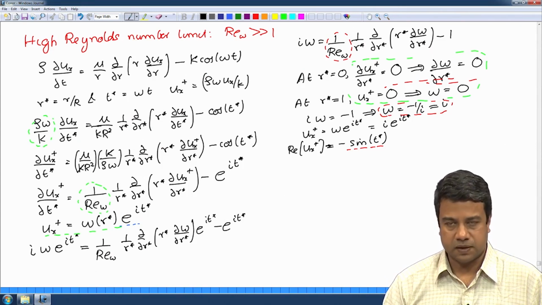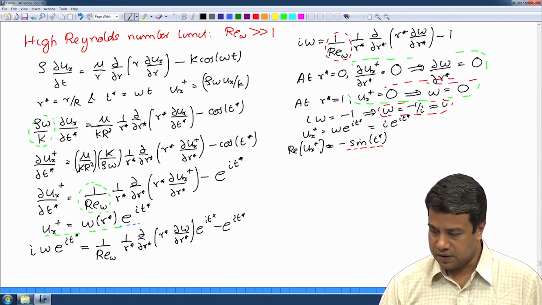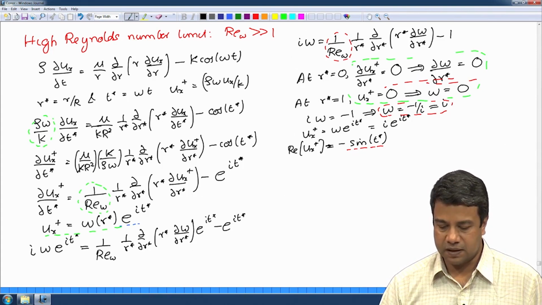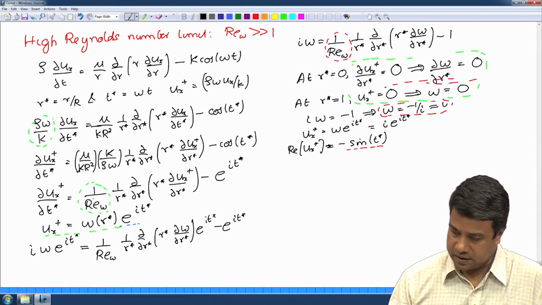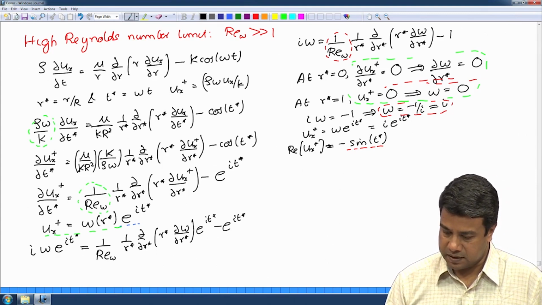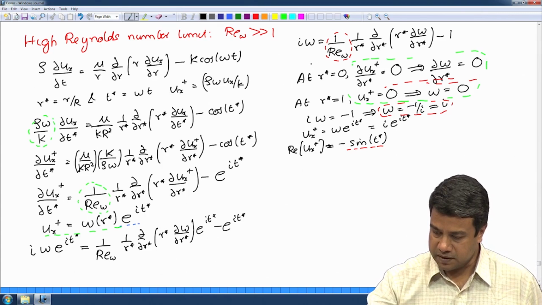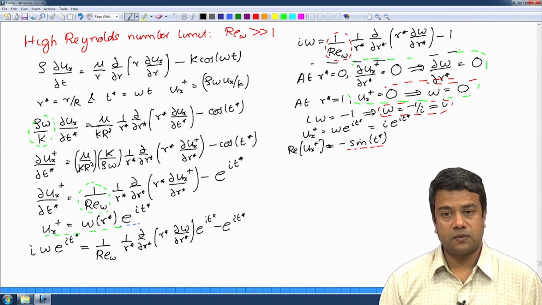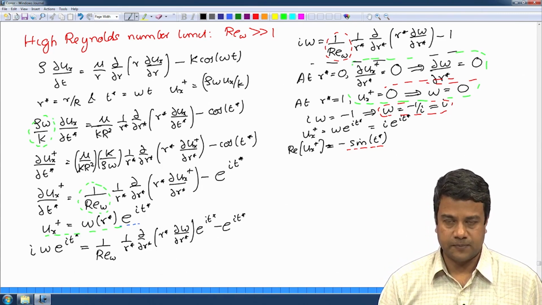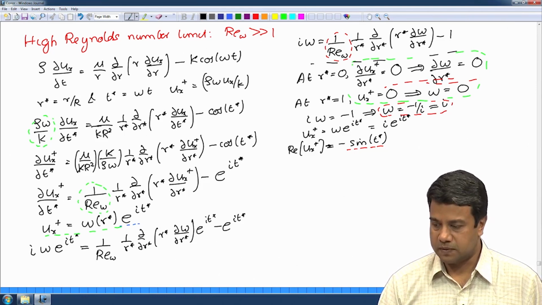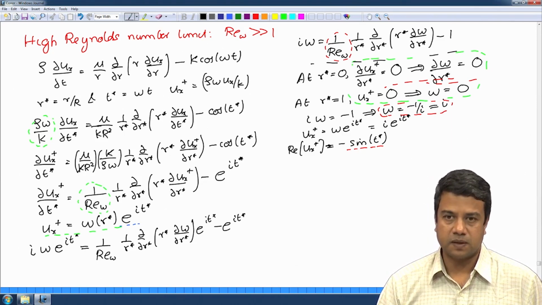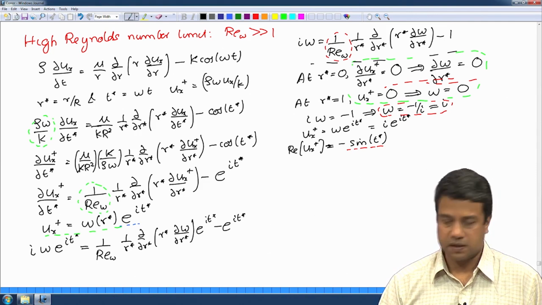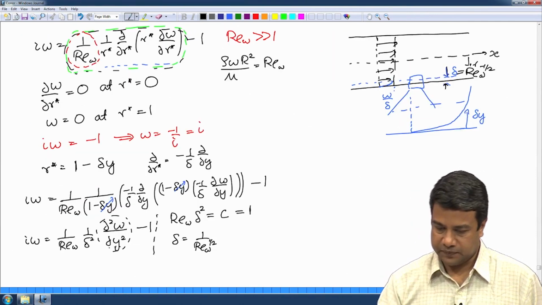Then we were looking at high Reynolds number. As you recall, we had scaled the velocity by the inertial scales, and based upon that we had got a conservation equation where the viscous term was multiplied by a small parameter. When we tried to solve this, we ended up with an inconsistency because we were not able to satisfy both boundary conditions, at the center as well as at the wall.